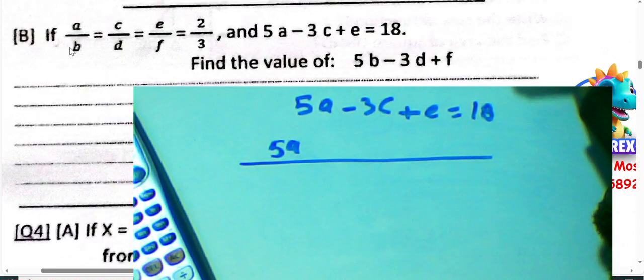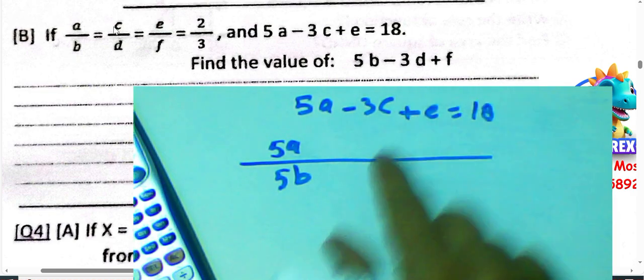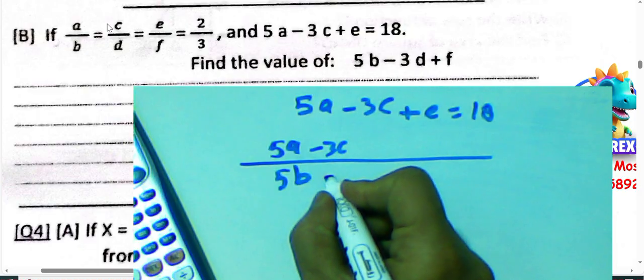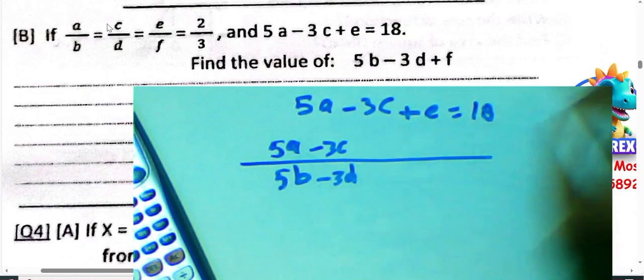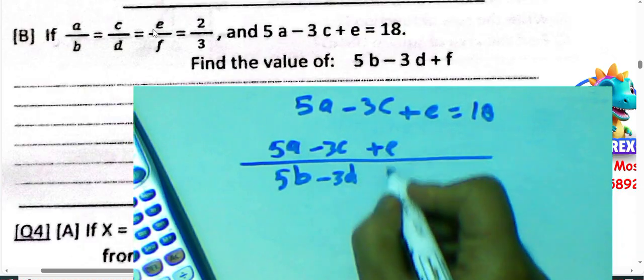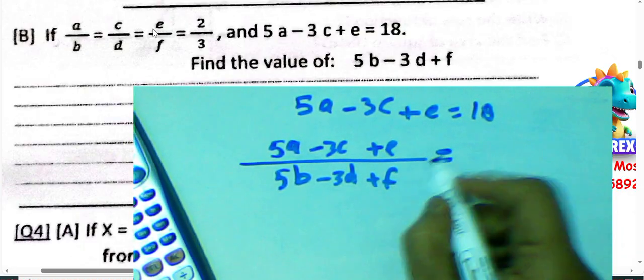And 5 product by B equal 5B. Then we want here negative 3C. Okay, right? Negative 3 times D, it will be negative 3D. And here E, write E, and down write F. Okay. If we collect together, it will be 2 over 3.